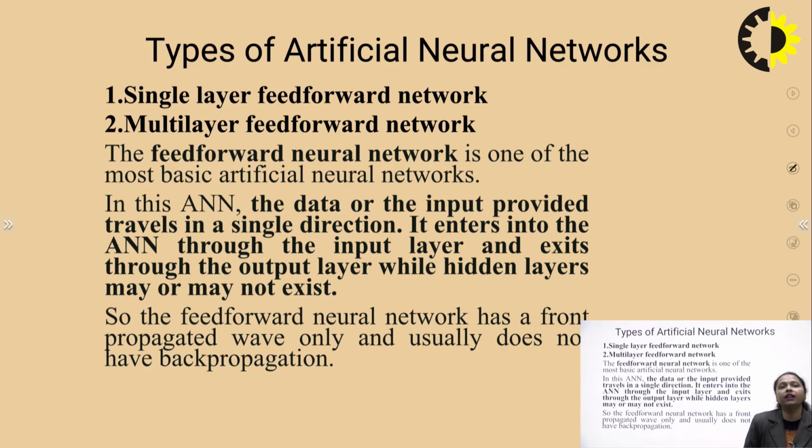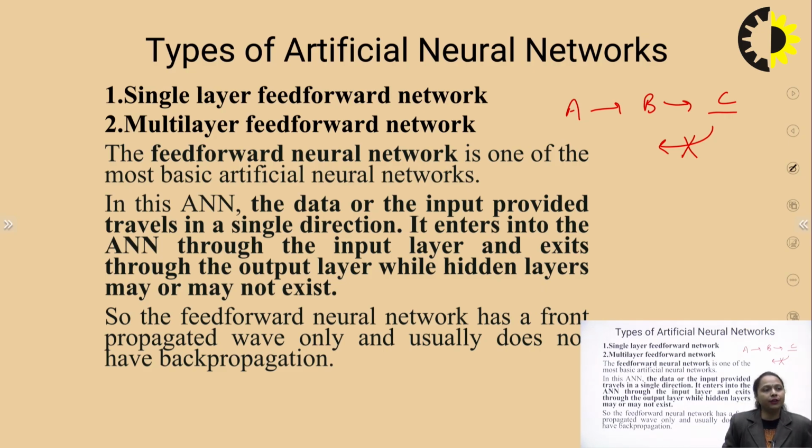A feed forward network is one in which we cannot backtrack; we can only move in the forward direction. Meaning if we are going from point A to B, then we cannot backtrack to A. If I am going from A to B, then I can further go to some other destination, but I cannot backtrack. That is feed forward.